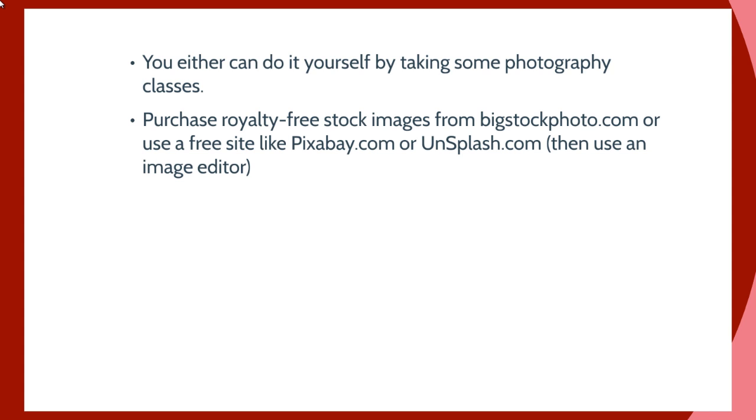So if you're looking for images for a baked potato or a chicken parmesan dish, you are more likely to be able to find that on these sites. Now, there are other free sites like pixabay.com or unsplash.com, and you can use these sites to get these images and then of course use an image editor later down the road to make it look good.